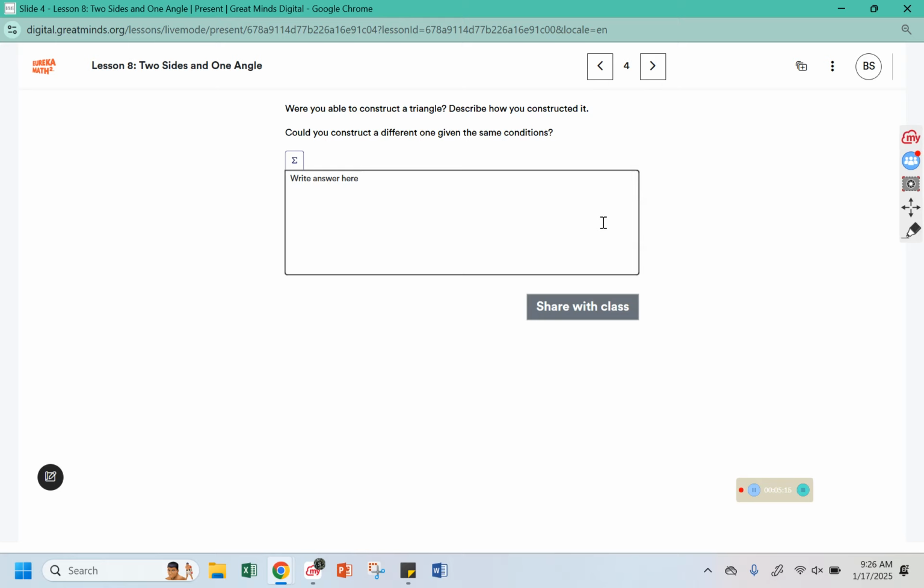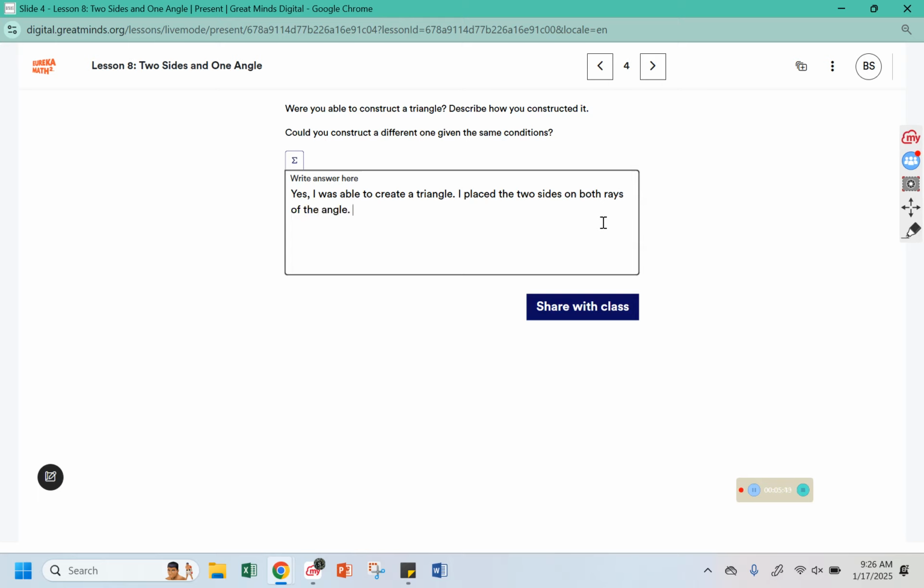Were you able to construct a triangle? Yes, I was able to construct a triangle. Describe how you constructed it. I placed the 2 sides on both ways of the angle.